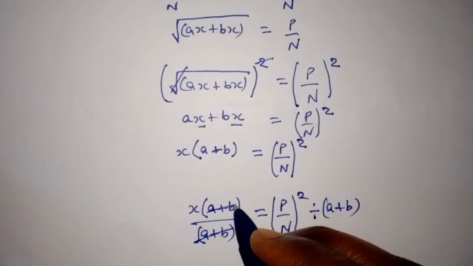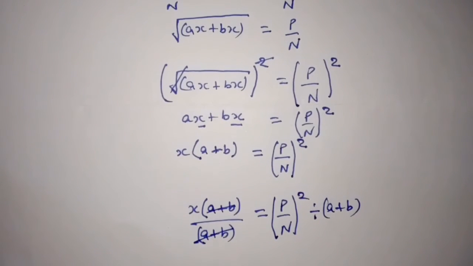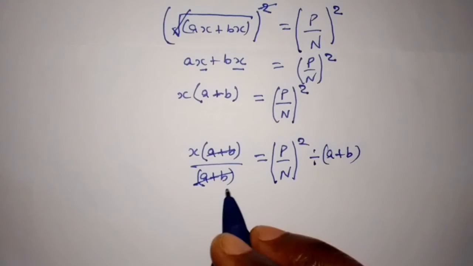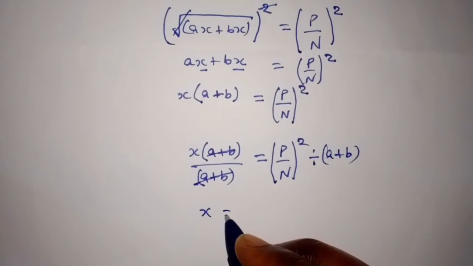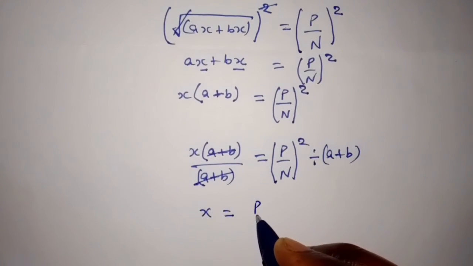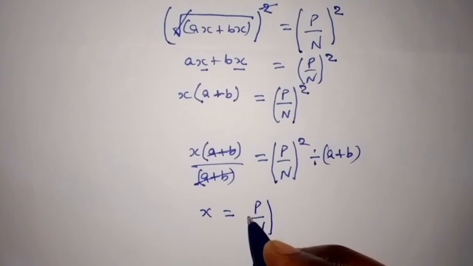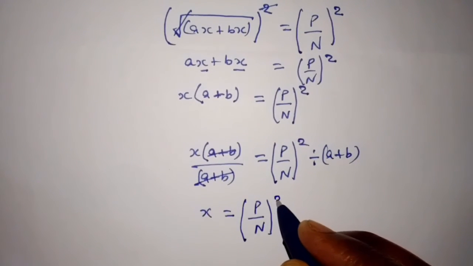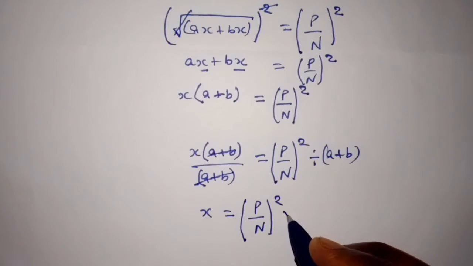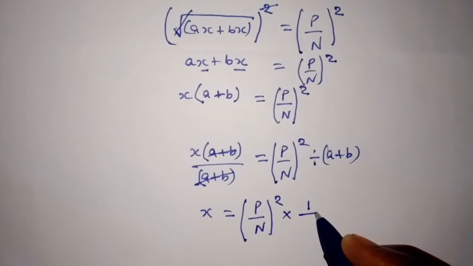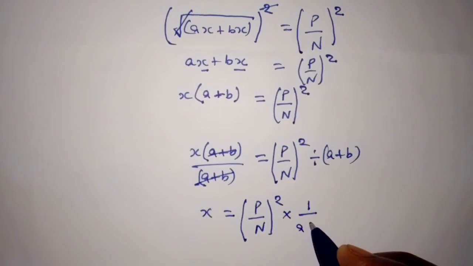This will cancel this. X is equal to p over n squared times 1 over a plus b.